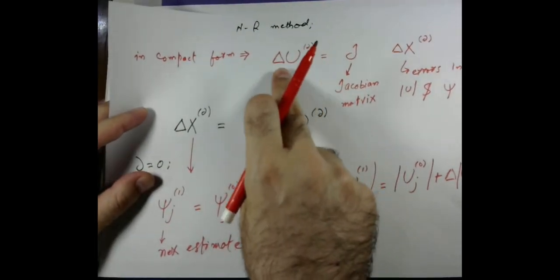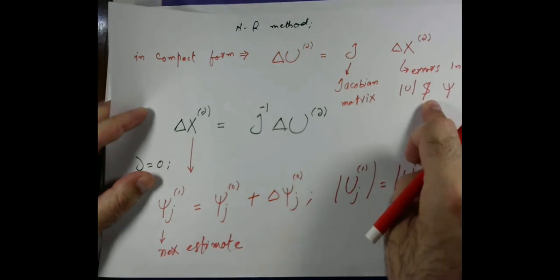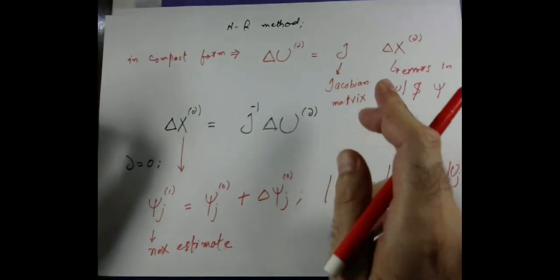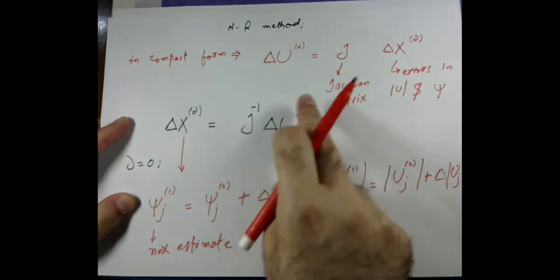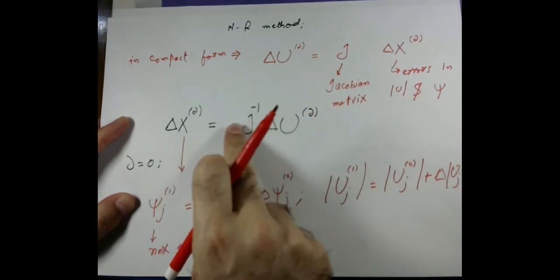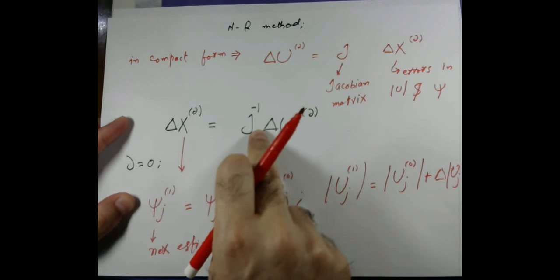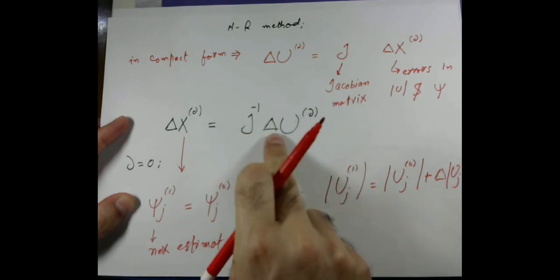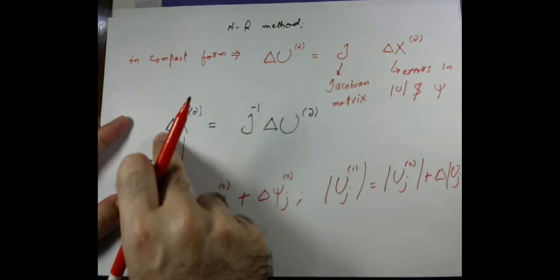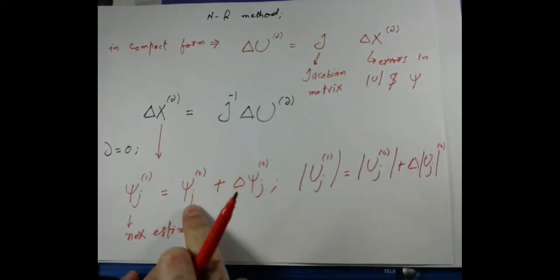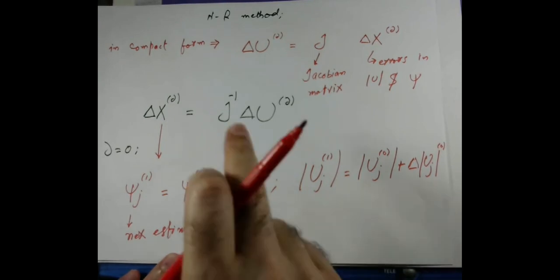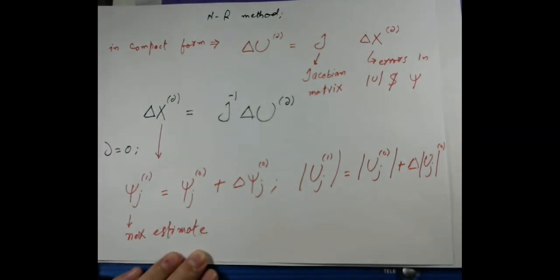This is the power mismatch, that is the Jacobian matrix, and that is the error. To find the error, because we know the power mismatch, we calculate the Jacobian matrix, take its inverse and multiply it with the power mismatch, and we get the error. Once we know the error, we add it to the first estimate to get the next estimate, and then we follow these steps to get the next and next estimates.